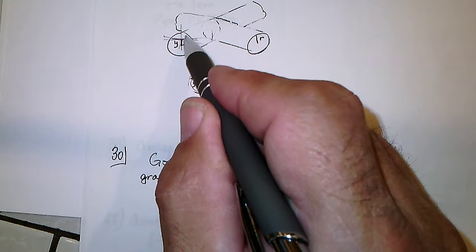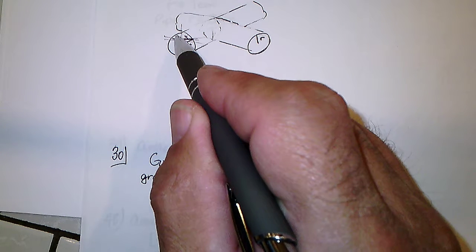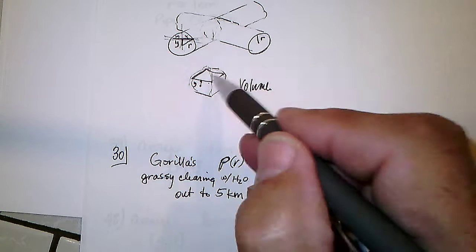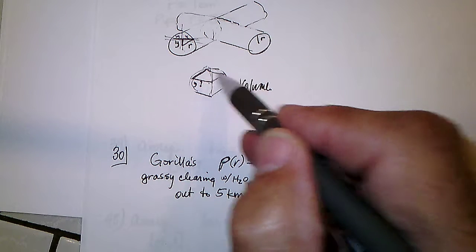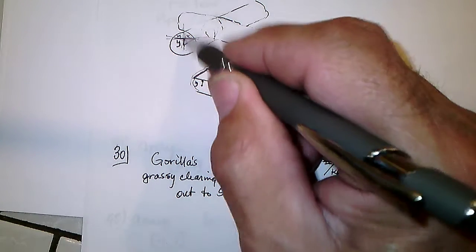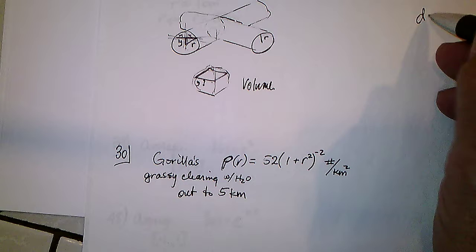Let's just call that x. So it's x and x. It's 2x by 2x. So the thickness of this is in the y direction, so the thickness is dy.